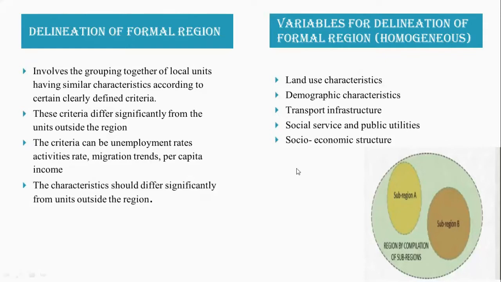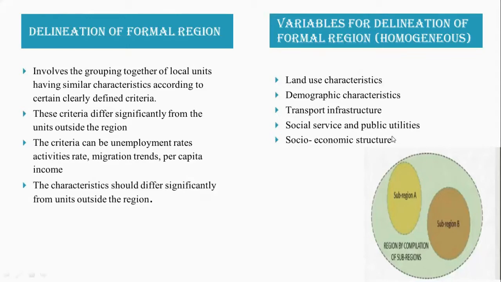So what can be the criteria? You can see over here, some criteria are mentioned, that is unemployment rates, activity rate, etc. And as is obvious, it should differ significantly from outside the region. So if the unemployment rate over here is, for example, 30%, it should be anything other than 30% outside.